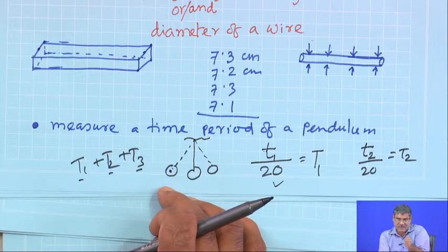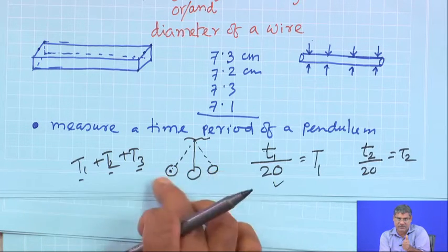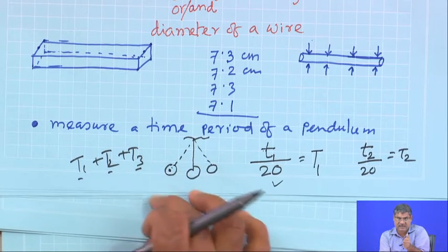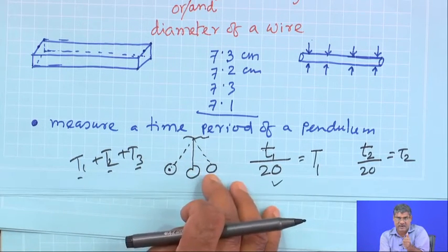So, starting and stopping should perfectly synchronize with your oscillation, but there will be error in this starting and stopping, and this error will come over this 10 seconds.